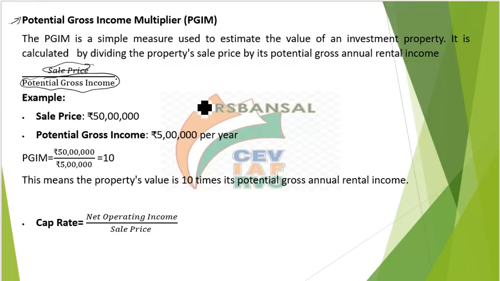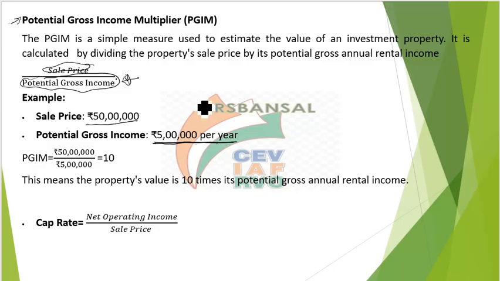Potential gross income means the income which the property would have fetched if it was 100% occupied throughout the year. So let us suppose sale price of the property is 50 lakh and potential gross income is 5 lakh per year. It means if it was 100% occupied, it would have fetched 5 lakh per year.